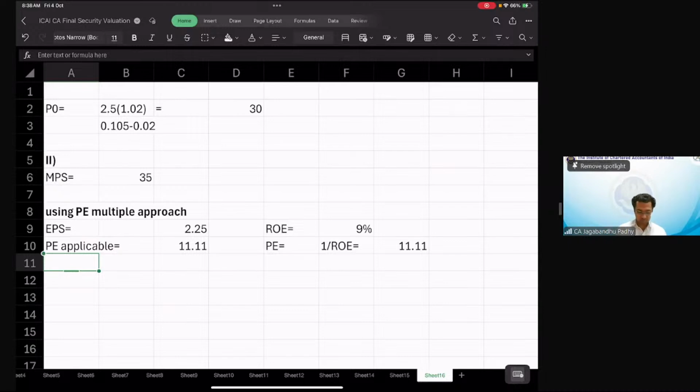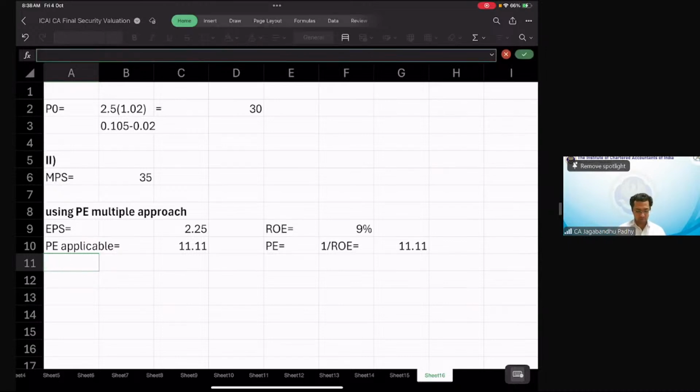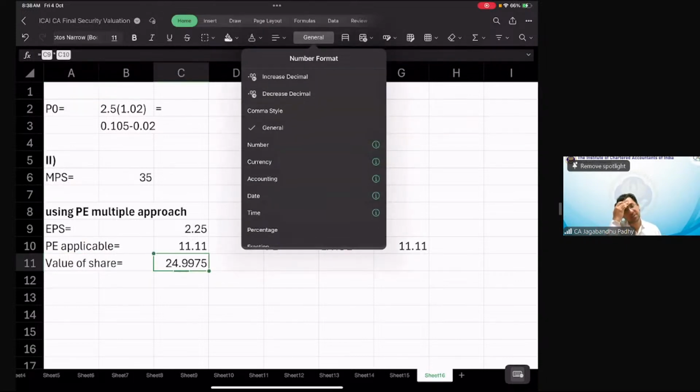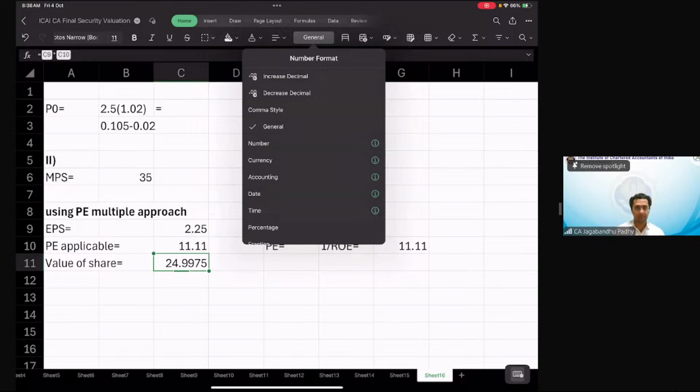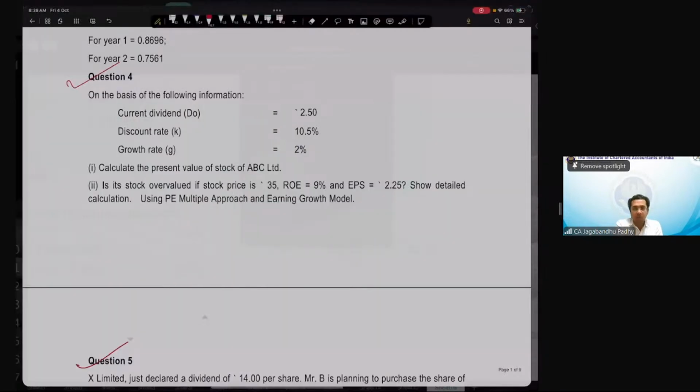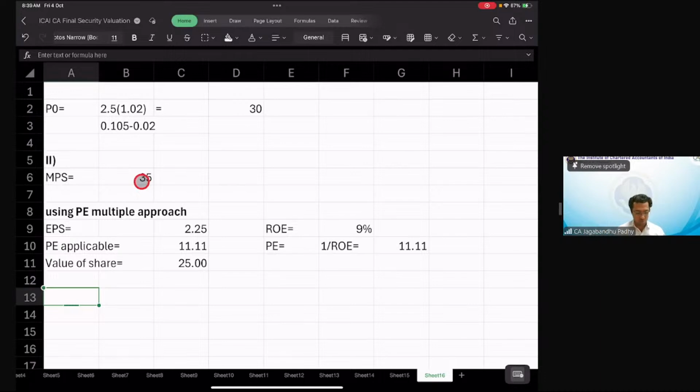Market price per share, or I can say value of rupees per share. So the value of the share is 25 rupees, right? Now, but the current market price is 35. So tell me, is the stock overvalued or undervalued? Of course, the share is overvalued.